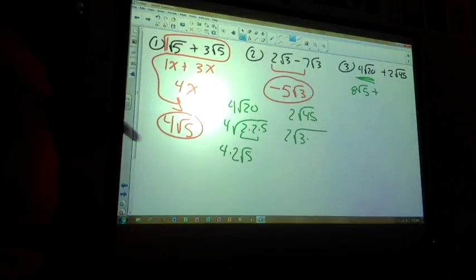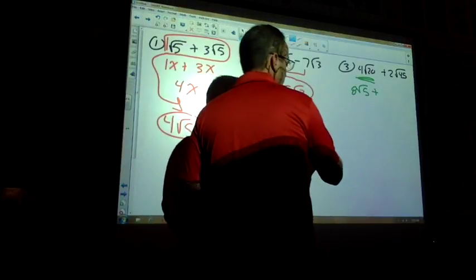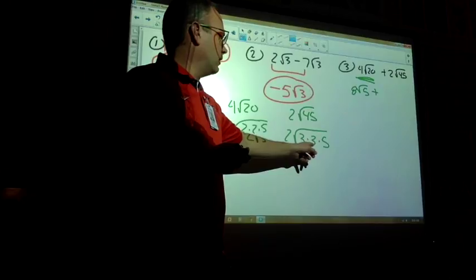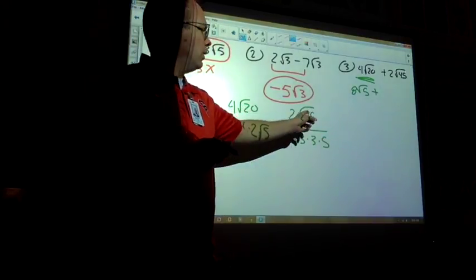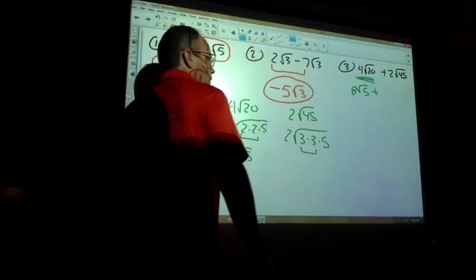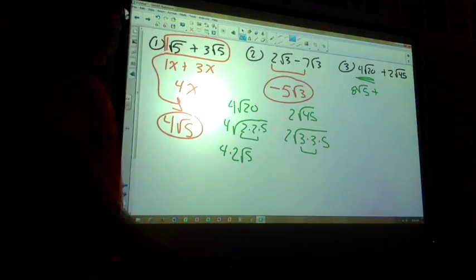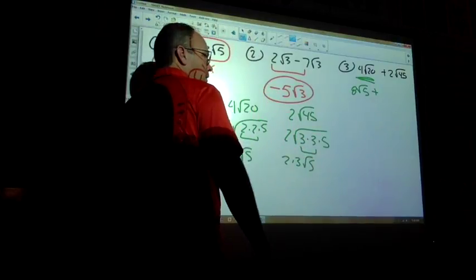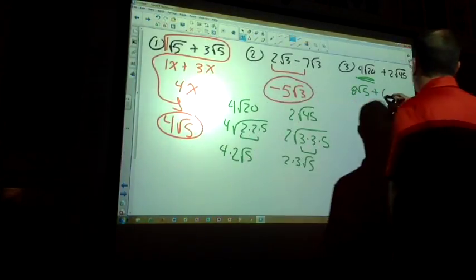So 3 times 15 is 45, and then 15 breaks into 3 times 5. So 3 times 3 is 9, 9 times 5 is 45. So what does this one clean up to? 2 times 3 root 5, which becomes 6 root 5.